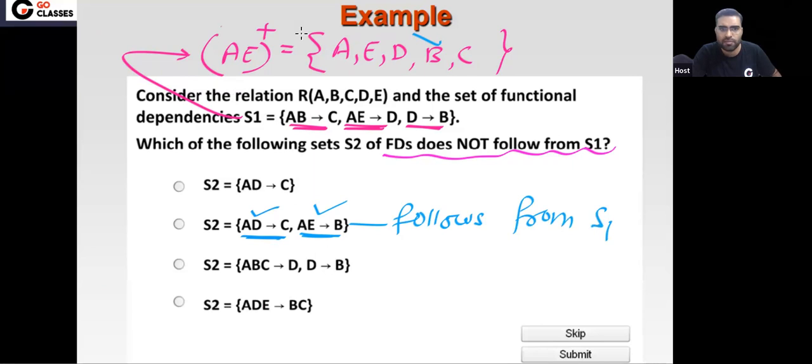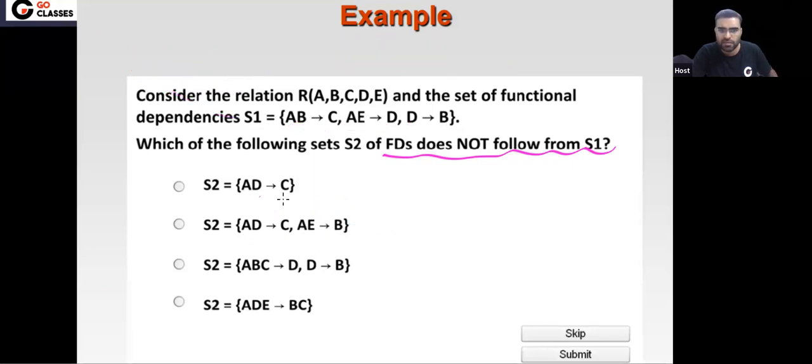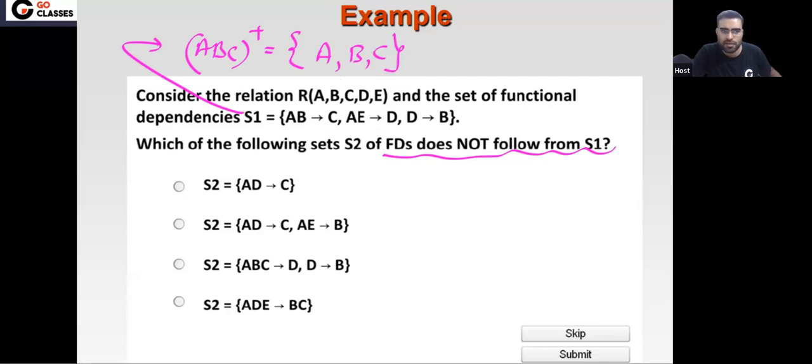What about the next one? ABC determining D. Can I say ABC will determine D? Here, you find out the ABC closure. ABC will give you ABC, that's it.